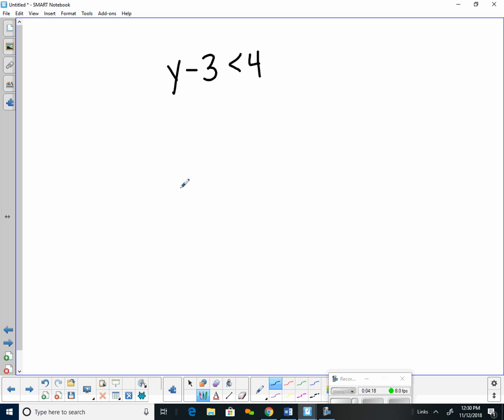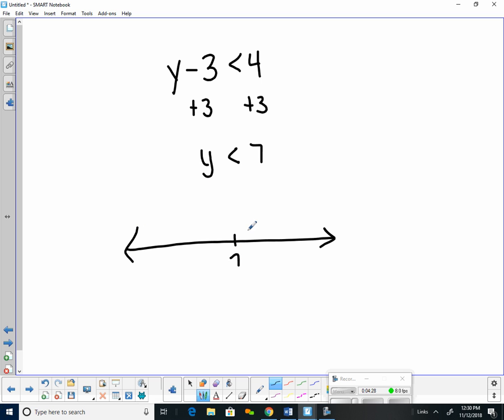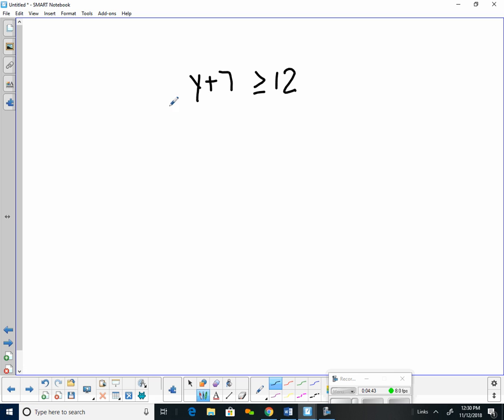Okay, we have y minus 3 is less than 4. So we'll add 3 to both sides. y is less than 7. So 7, 8, 9, 6, and 5. I'm going to circle my 7, and I'm going to shade to the left. Let's do another one.